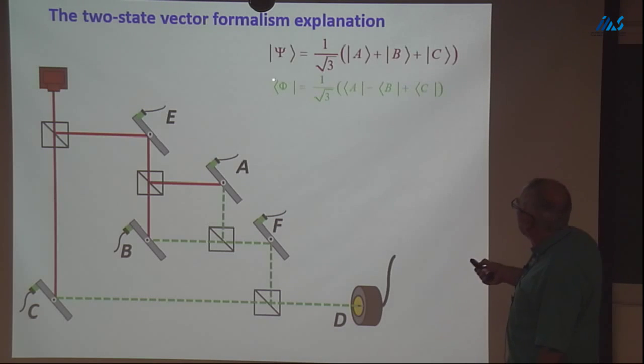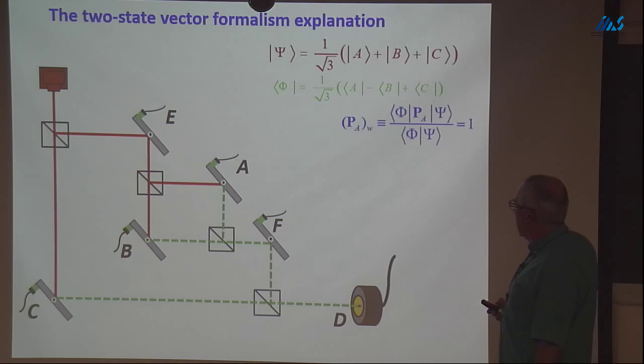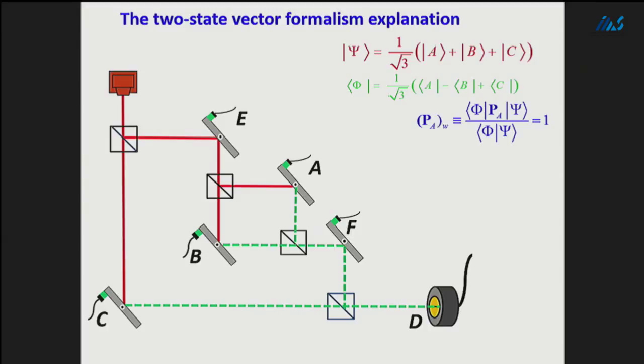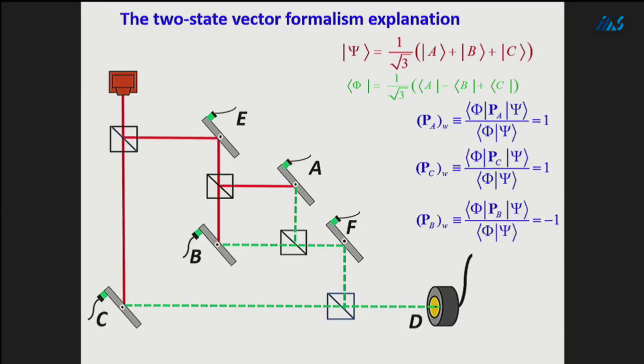So this is my two-state vector, psi and phi: A plus B plus C, A minus B plus C. This is the two-state vector of what's once called the three-box paradox, which I will mention soon. And it has the property that the weak value in A is 1, the weak value in C is 1, and the weak value in B is minus 1.